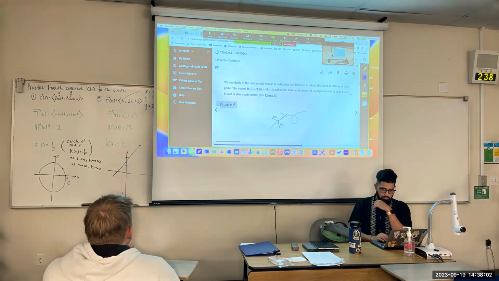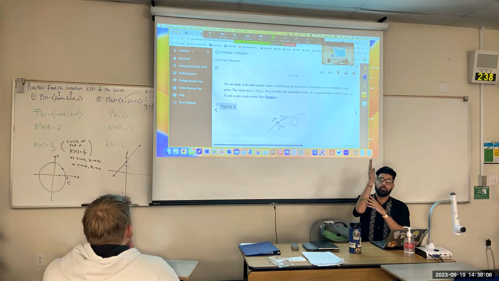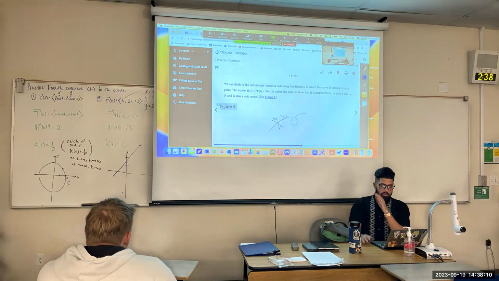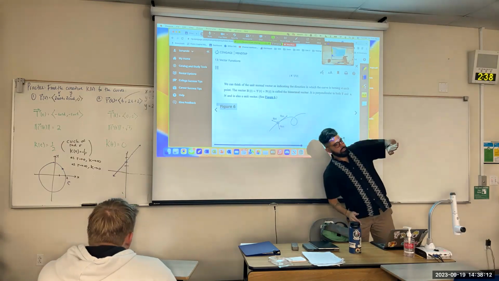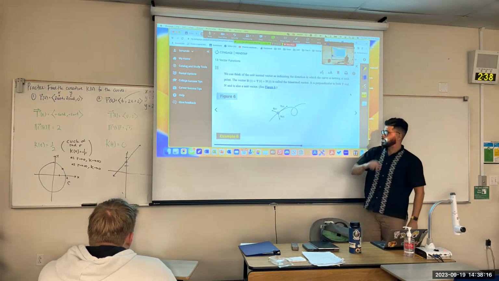Okay, so now what we're going to do is focus not just on the direction that you're moving and how the tangent vector is changing, but also how you twist as you move along that curve. So we're going to create 3 vectors.